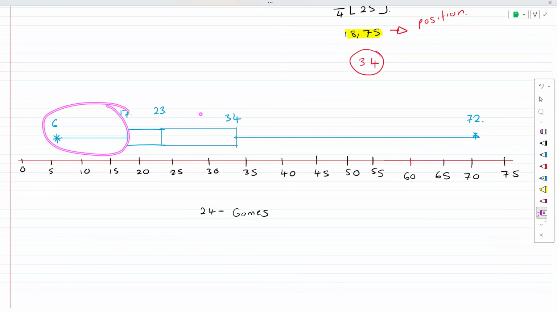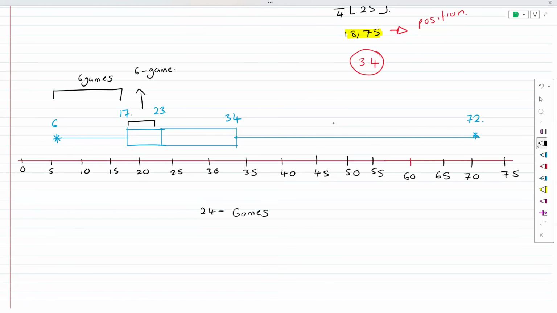So 25% of 24 games is only 6 games. So every single part of the box and whisker diagram is only 25%. Even though they're all different lengths, remember that no matter what happens, each part of this box and whisker diagram is 25% of the games.